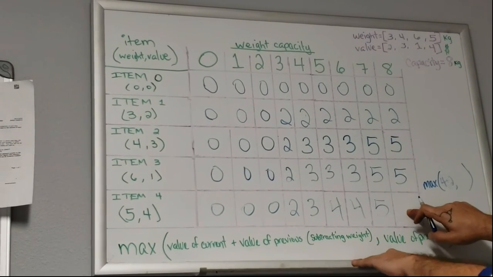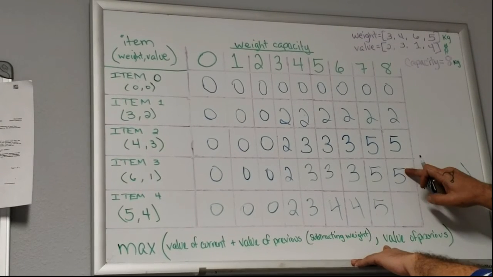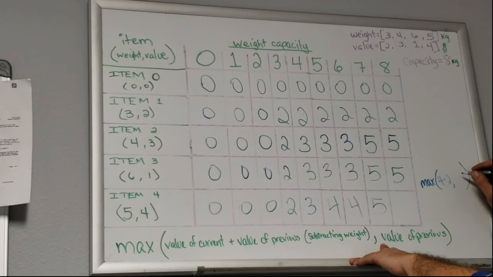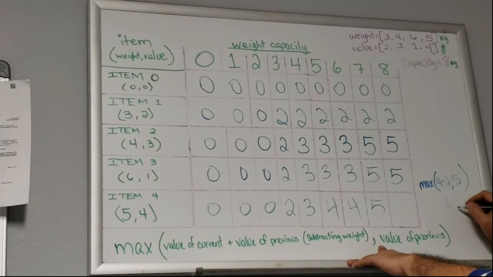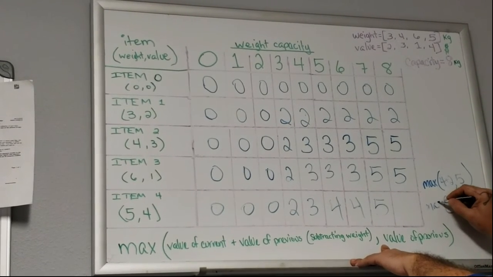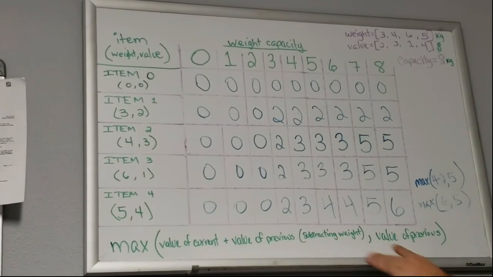All right, that gives us our first value in the function. Now, for the value of the previous, we refer to the number above. And that number above is 5. So 4 plus 2 is 6. And 5 is our other number. So the max of this is 6.